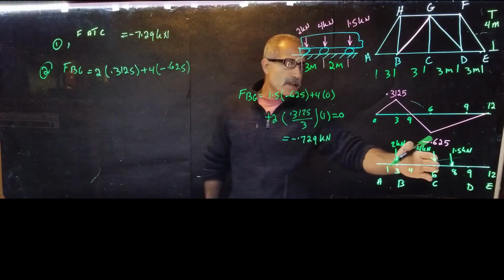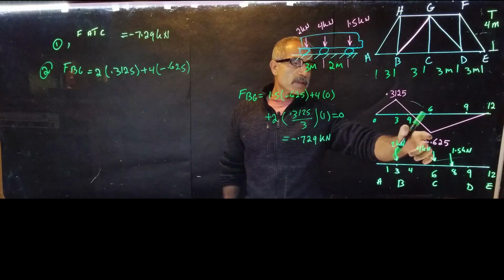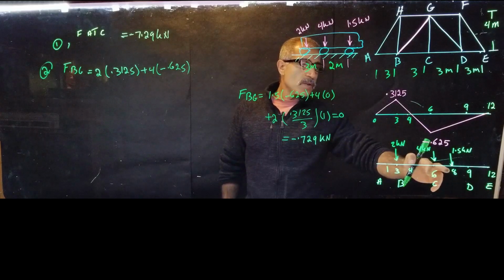The 4 is right here at point C, where the influence line is. And the next one is 1.5.